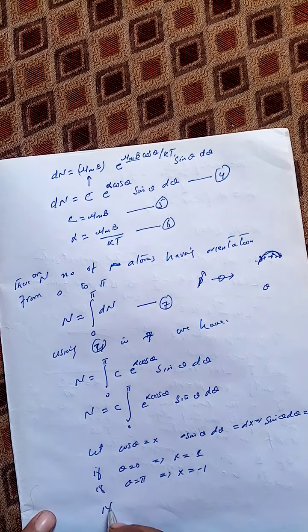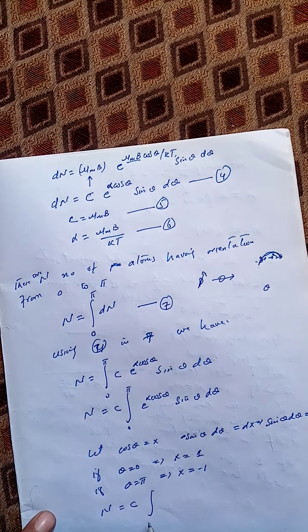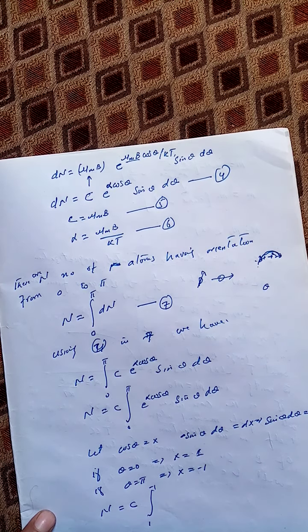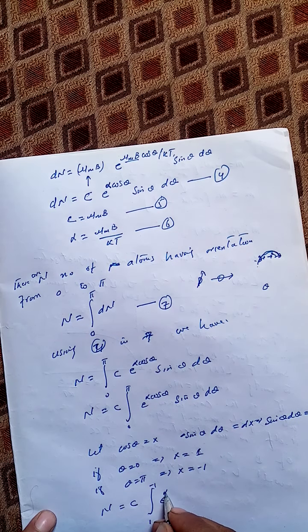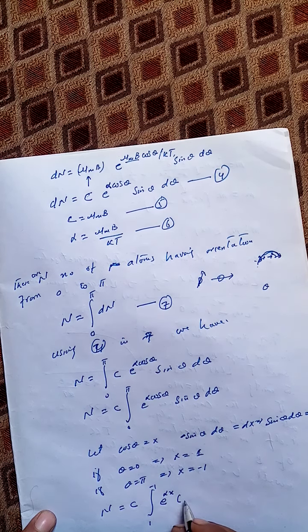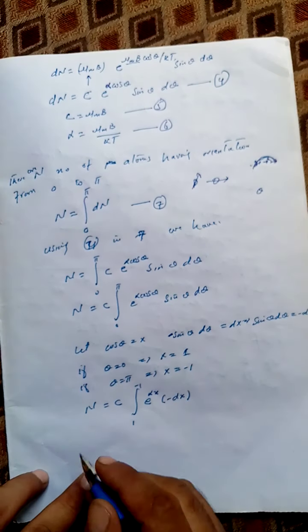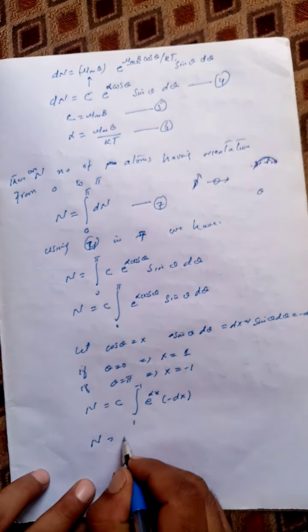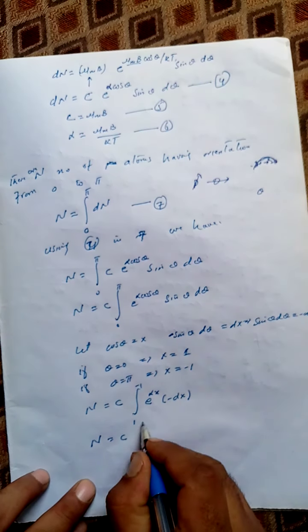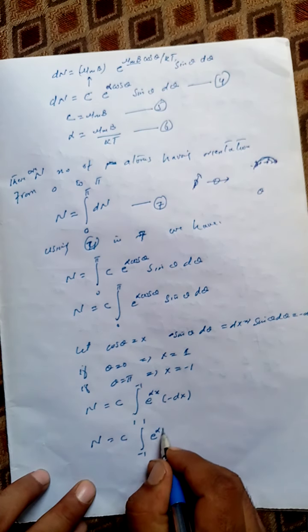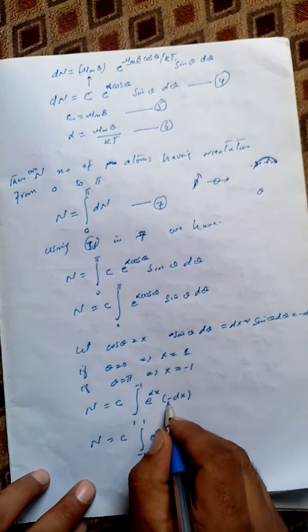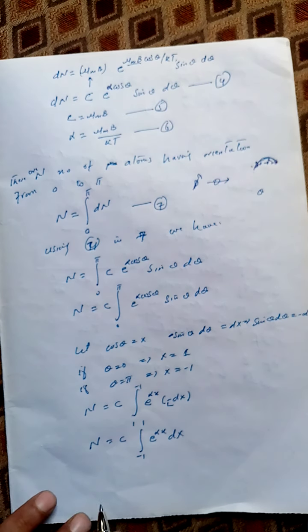So the above equation is now reduced to the integral from 1 to minus 1 of e raised to the power alpha x into minus dx. N equals C integral from minus 1 to 1 of e raised to the power alpha x dx. I remove this negative sign by changing the limit of the integral.